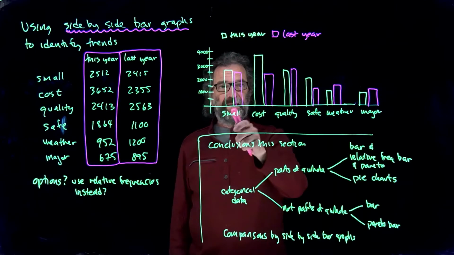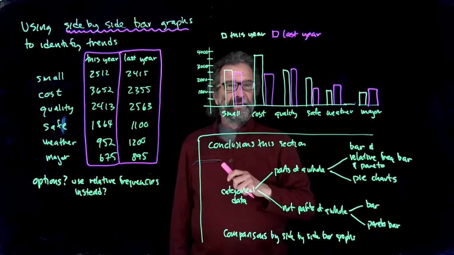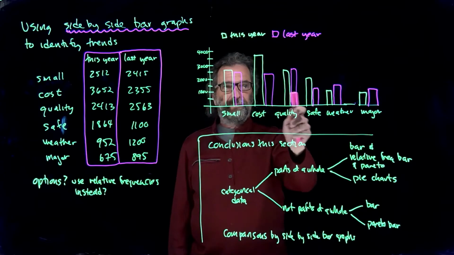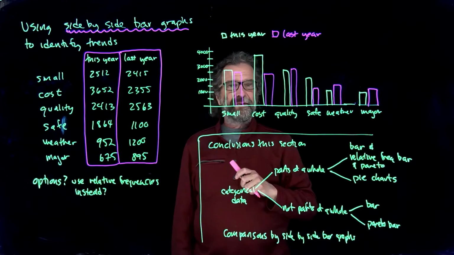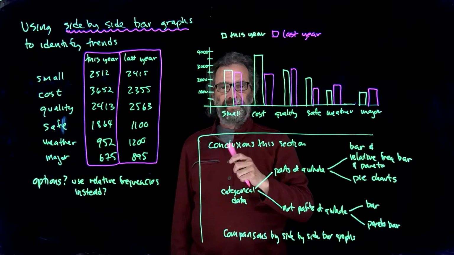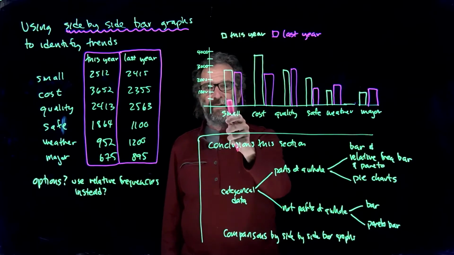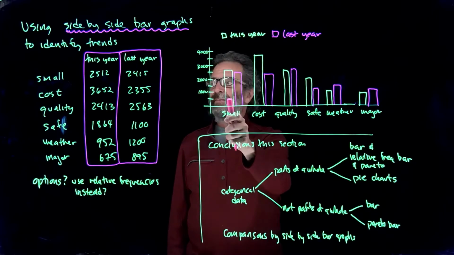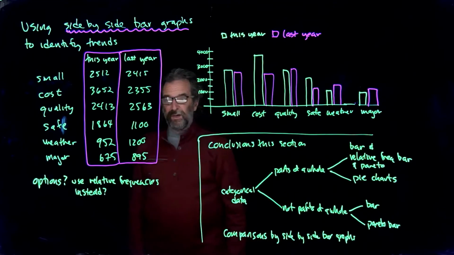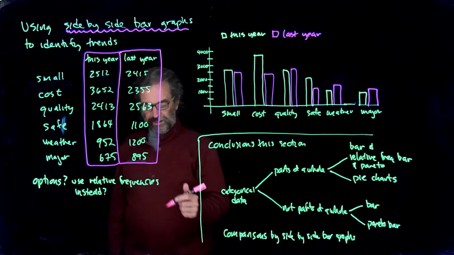Here we just automatically think the ones that are taller are the ones that are more important. But if there's more students this year, then these bars should tend to be taller overall. And so because that one's taller than that one might just be because there were more students, and maybe we had exactly the same way of thinking about small being a good thing this year and last year as far as the students were concerned. So options, use relative frequencies instead.